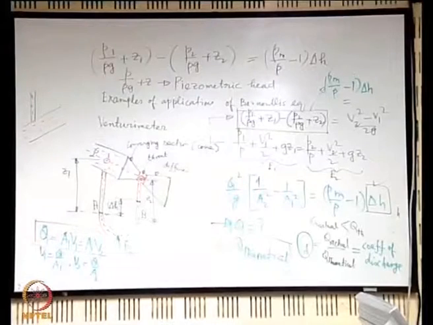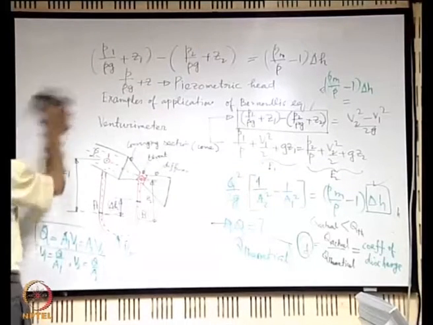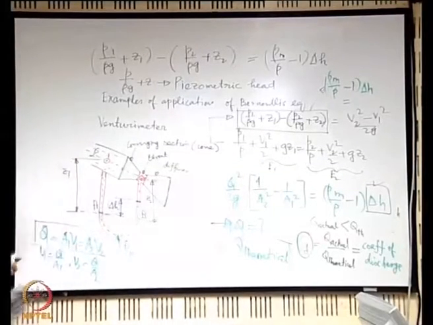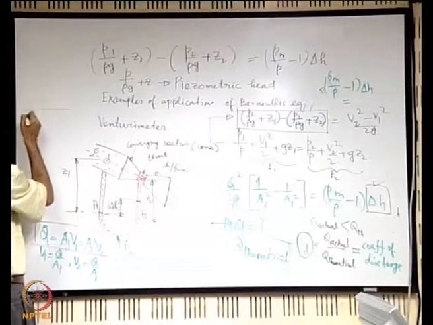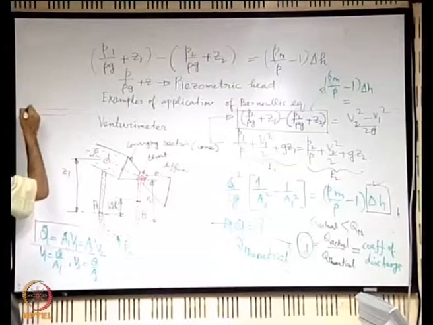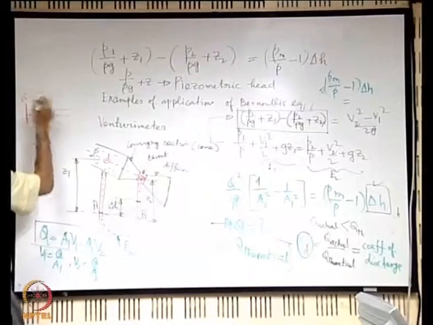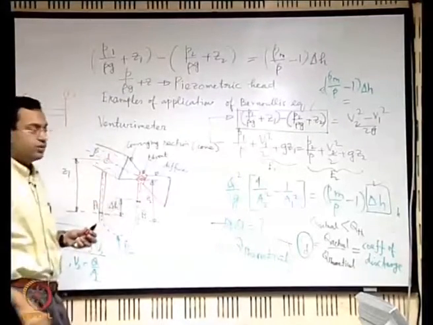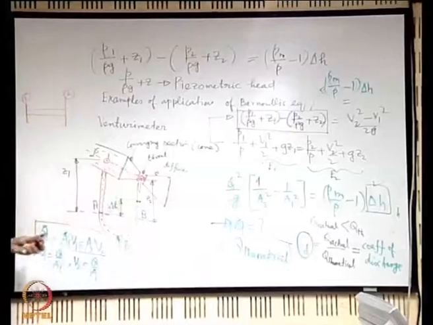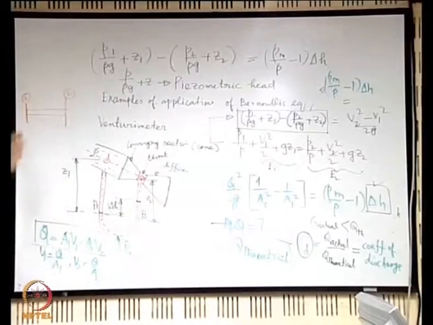To do that, let us consider two streamlines which are very close to each other. Say you have a streamline like this and another streamline very close to it. Both streamlines are connecting the sections 1 and 2. Here 1 and 2 are points, but let us say these are sections which contain the points 1 and 2.